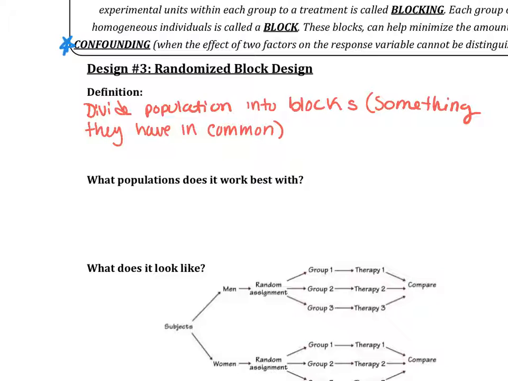So like males and females are popular blocks, or doing it by age ranges, or just anything that they have in common, kind of similar to the idea of stratified sampling, how you have to have groups with something in common, kind of the same idea here.